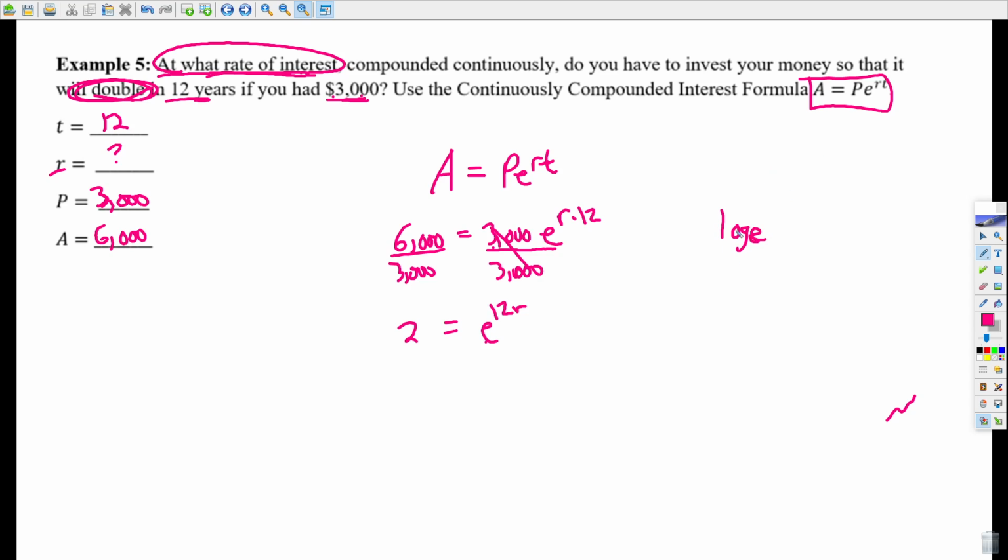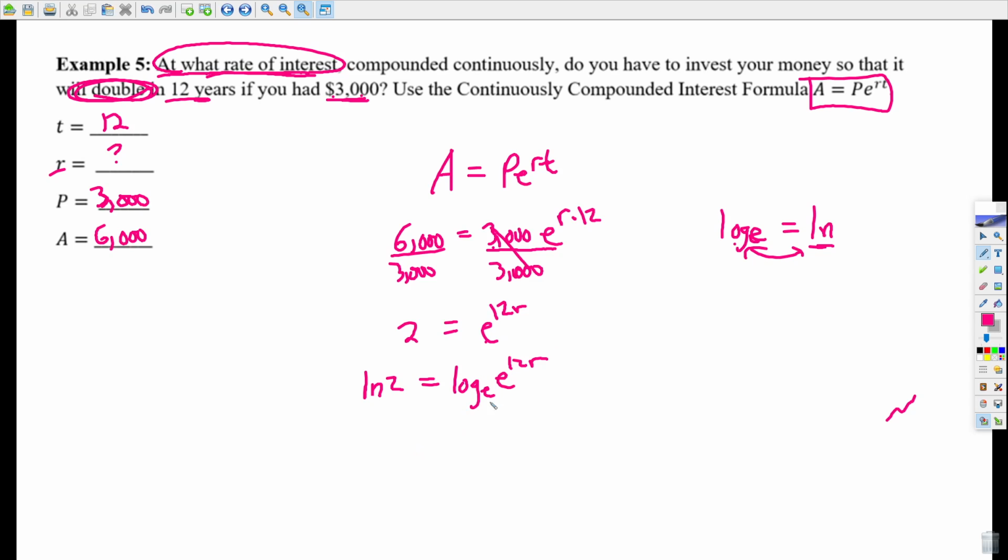Although, if you remember, log base e is the same as ln. So these two are exactly the same, and it doesn't matter which one you use. Maybe I'll even split it. I'll use ln of 2 over here. On this side, I'll use log base e of e to the 12r.